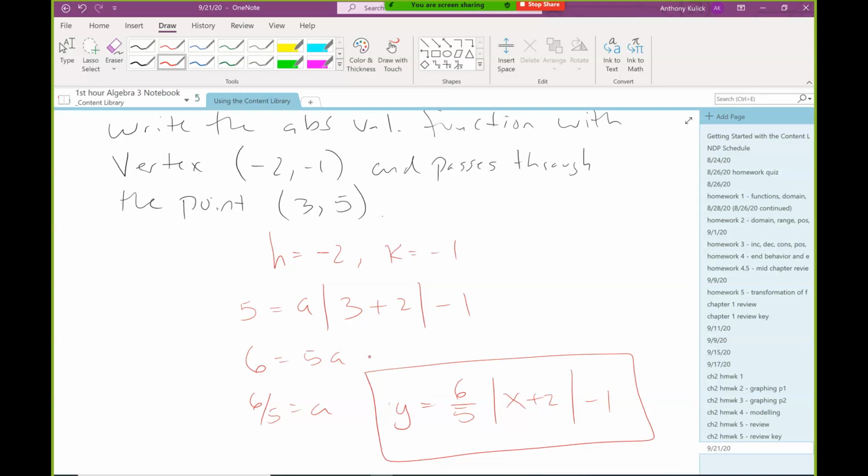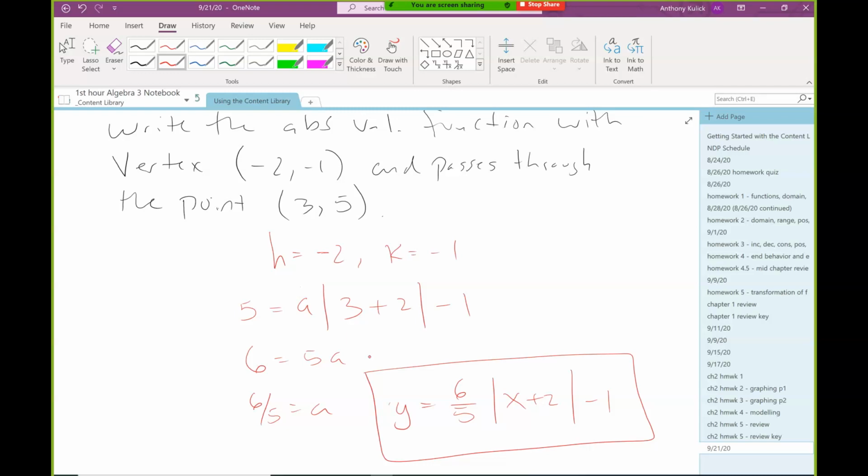And again, this is a reasonable amount of work to show for a problem like this. So again, you identified what the h and k were. You showed me the equation with everything plugged in, and the solution for a, and then rewrote the final answer, which is kind of the minimum amount of work to show for a problem like this.